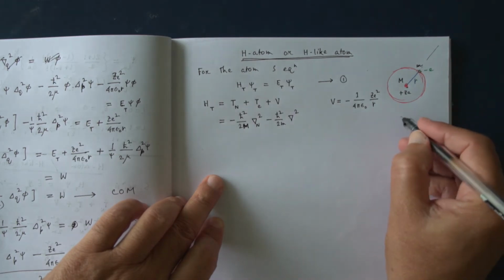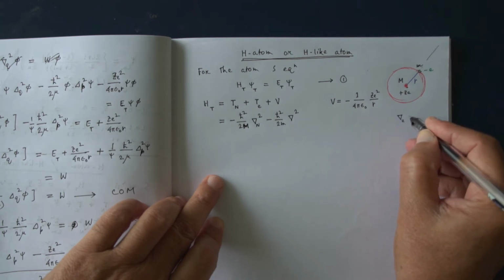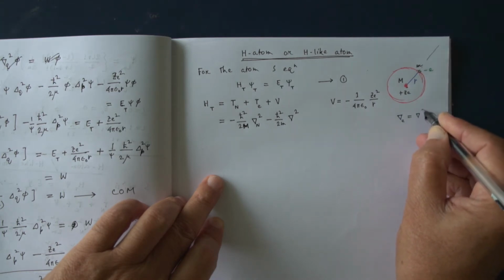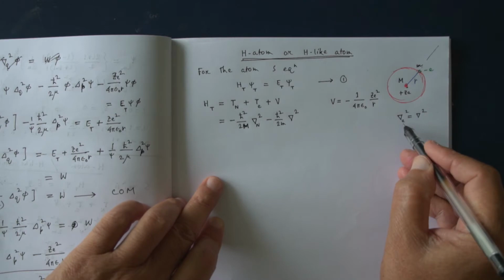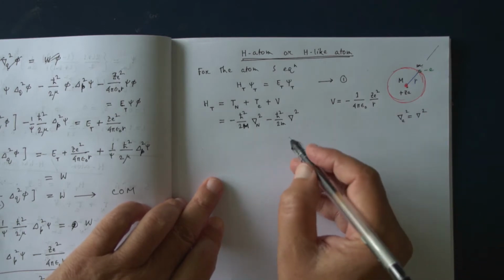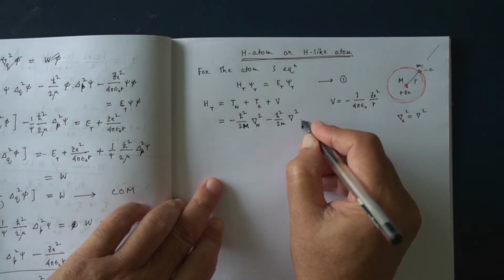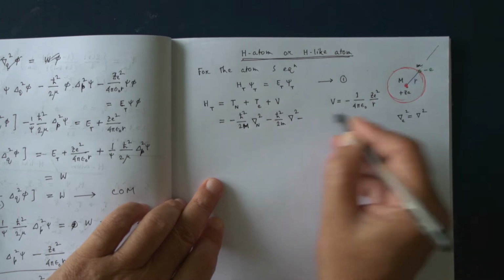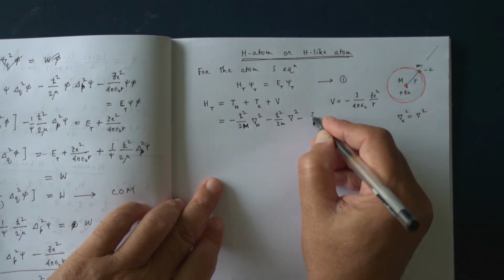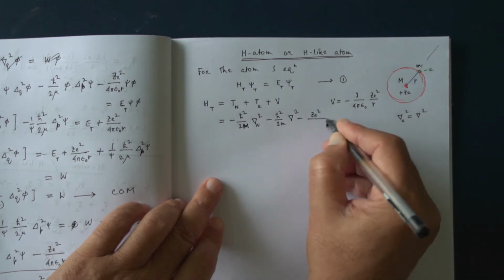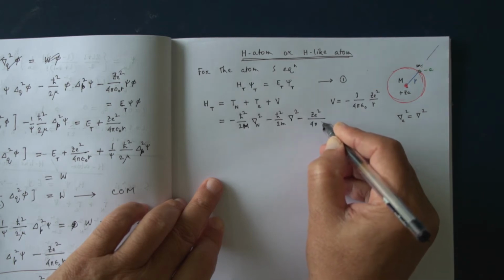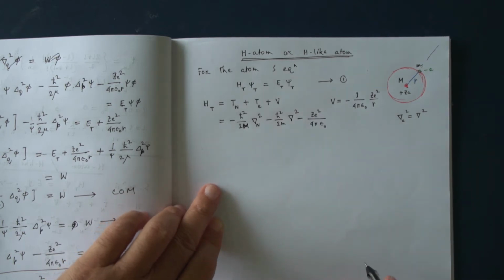I may write it like this also. Then potential energy, minus Z e square by 4 pi epsilon naught r. So this is the Hamiltonian operator here.